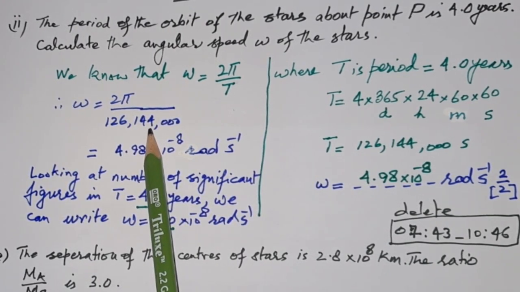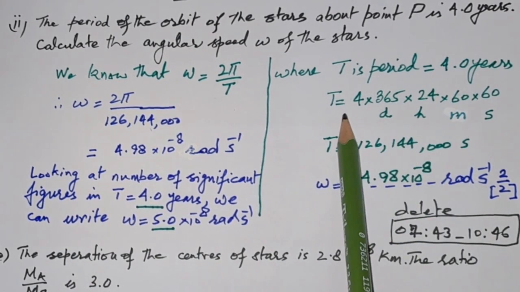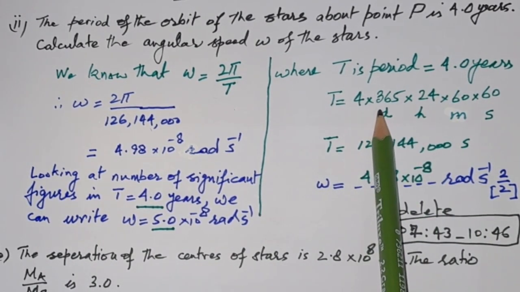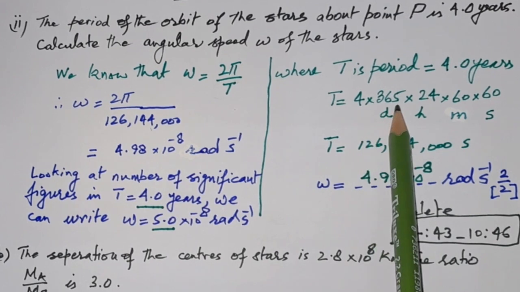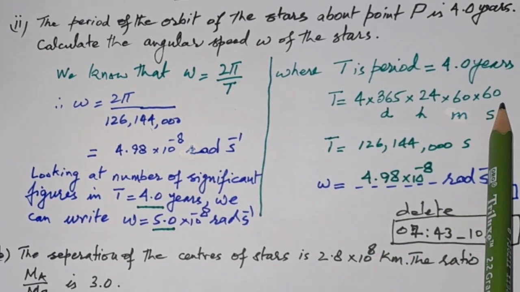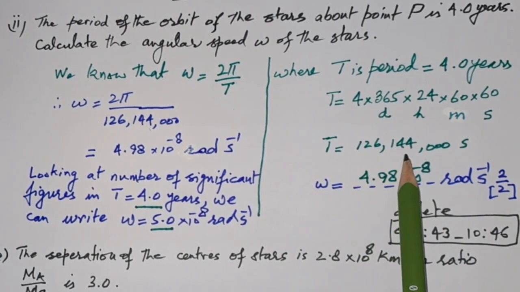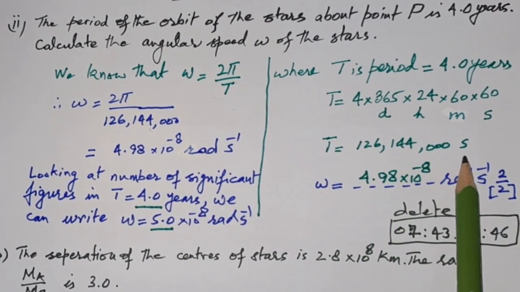So if we have a period of 4 years, we convert 4 years into seconds by converting into days and hours and minutes and seconds, and we work out 126,144,000 seconds.